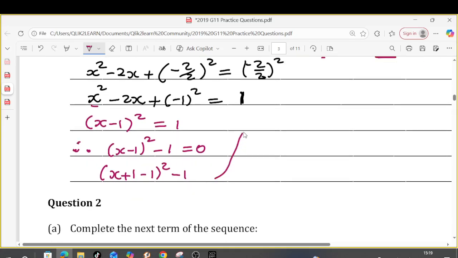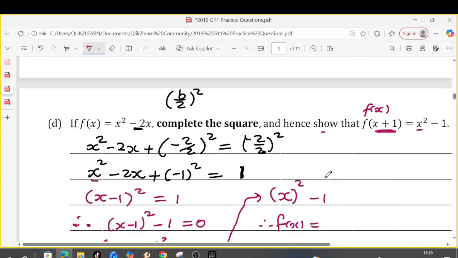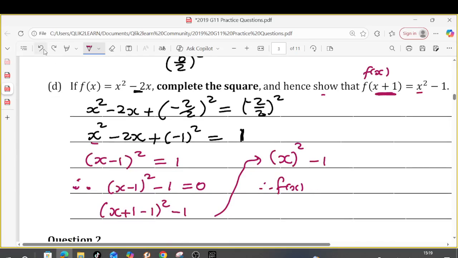The bracket will give us x plus 0, which is just x, squared, because 1 minus 1 is 0, minus 1. So the final answer: they said show that f at x plus 1 equals x squared minus 1. You just have to follow the instruction.